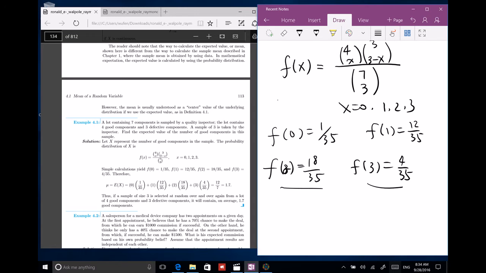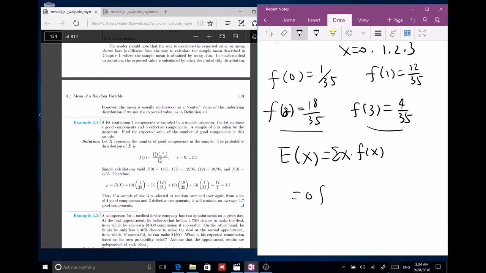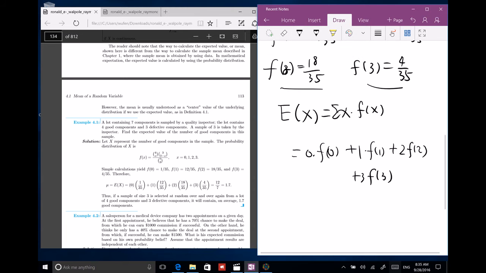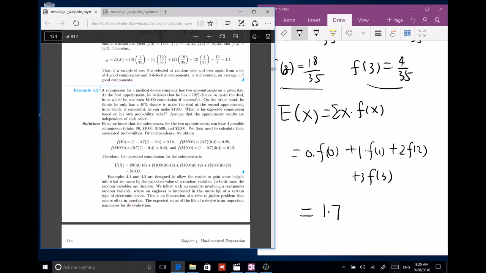Then we find the expected value. The expected value equals the sum of x times f(x): 0 times f(0) plus 1 times f(1) plus 2 times f(2) plus 3 times f(3). You plug it in and the final answer equals 1.7, which is not really hard.